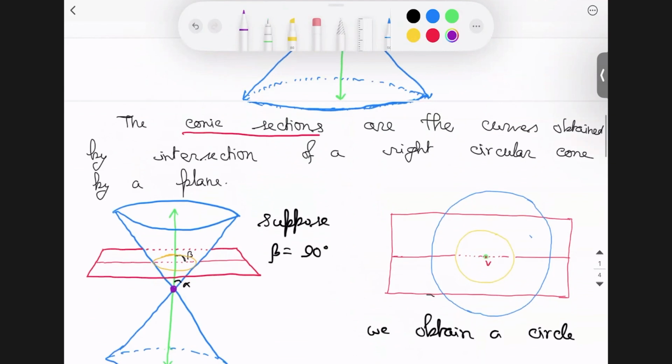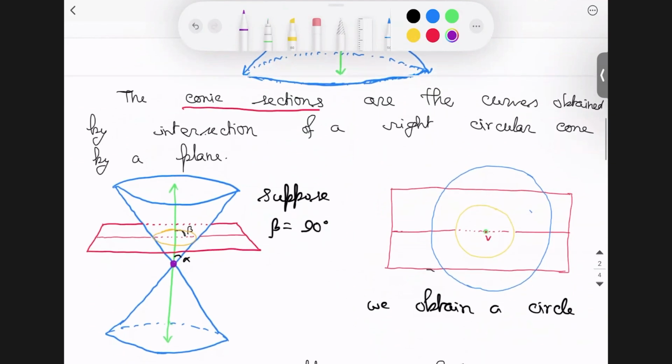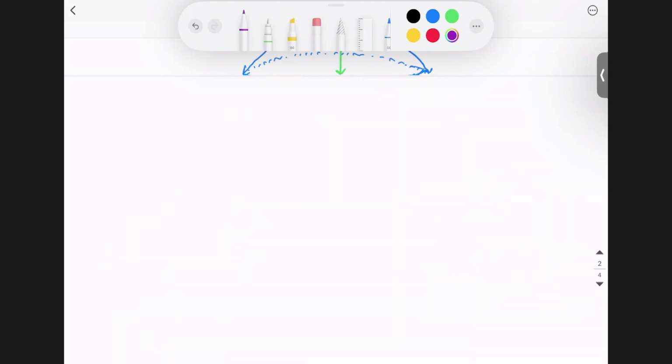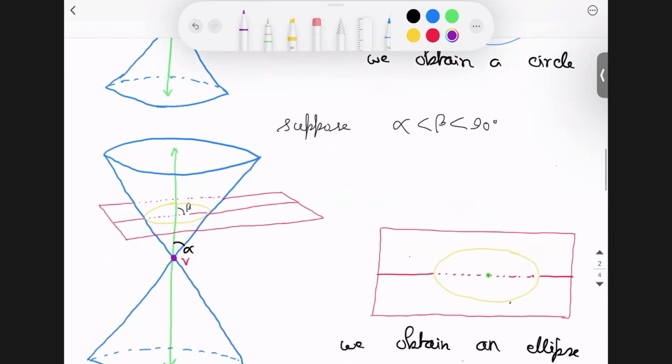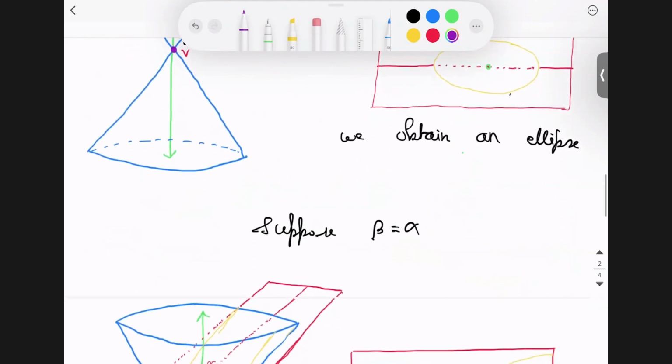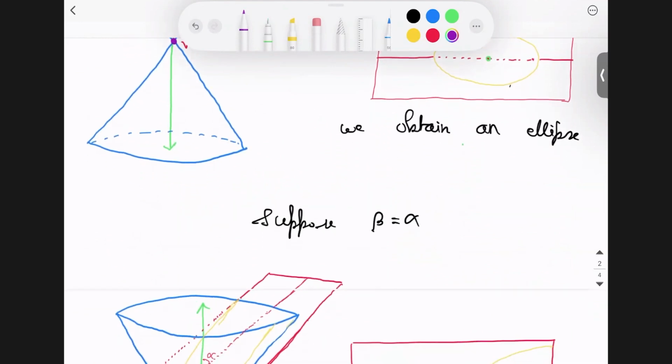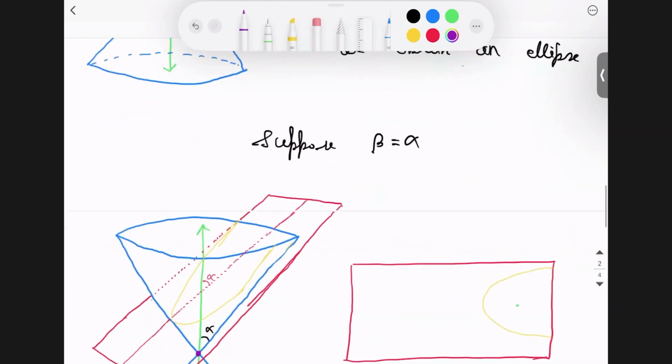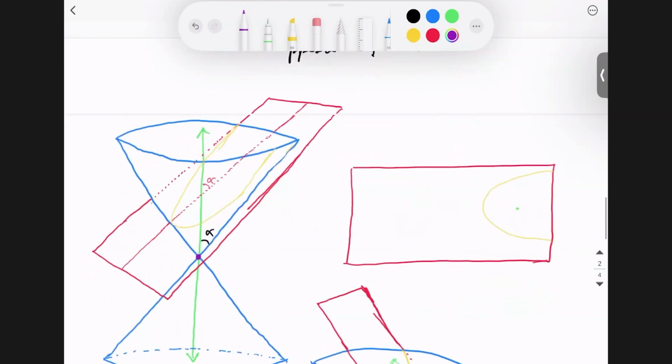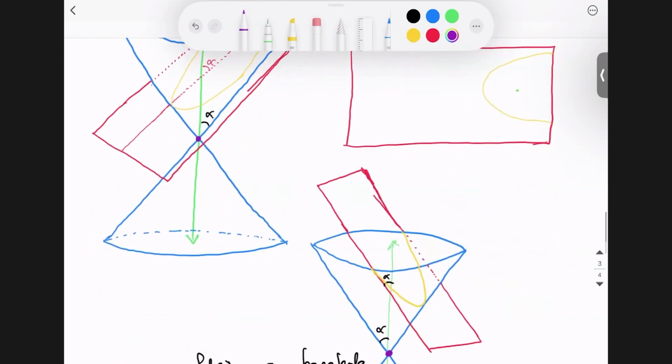After that, I discussed the different angles made by this plane when not passing through the vertex. You can see from the image that this plane is not passing through the vertex. But here I have gone through one example where the plane passes through the vertex. So here you can get a parabola, here you can get another parabola.